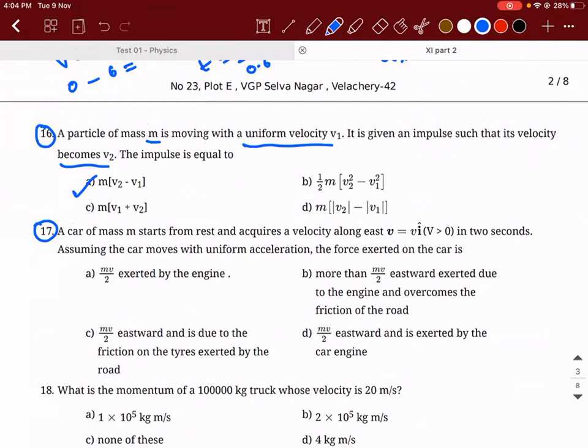A car of mass m starts from rest and acquires a velocity along east, v equal to v i cap, in 2 seconds. Assuming the car moves with uniform acceleration, the force exerted on the car will be? They told uniform acceleration. Okay. What will be the answer?